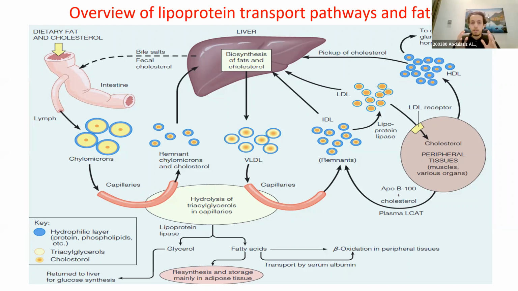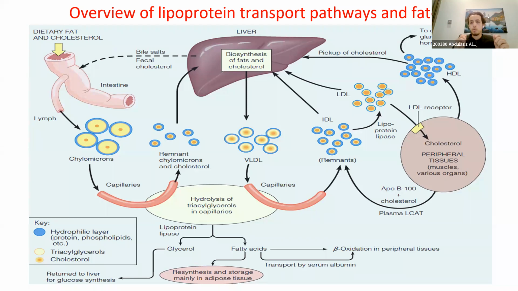Once this process has finished, most of the triglycerides have been taken away, so the chylomicrons will be called remnant chylomicrons. These remnant chylomicrons return to the liver, and the liver will break them down and take the fat and cholesterol to create another lipoprotein, which is VLDLs.